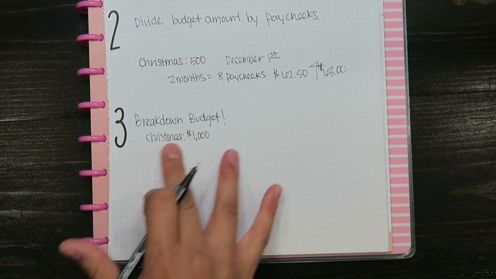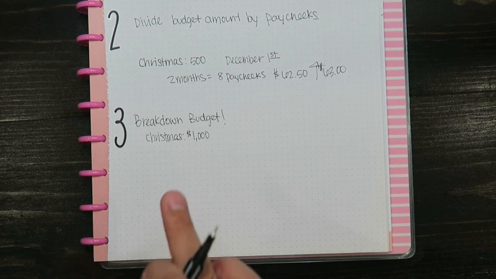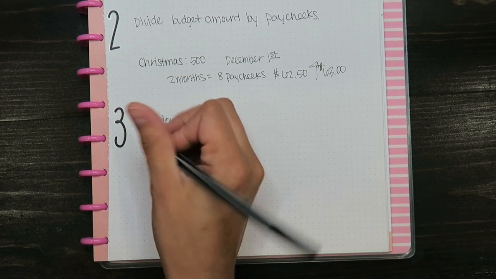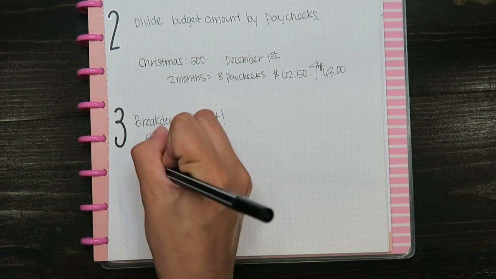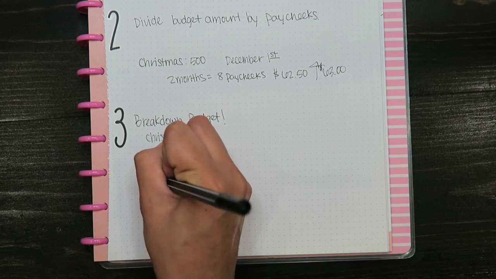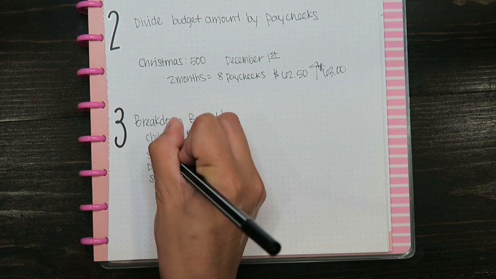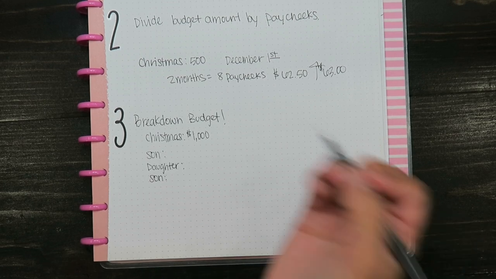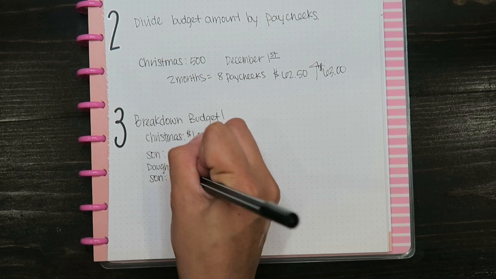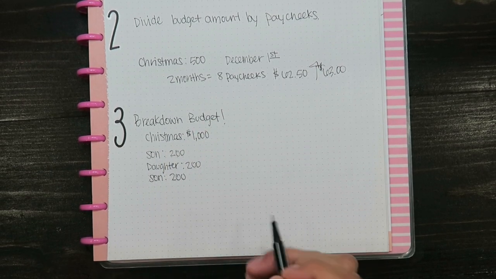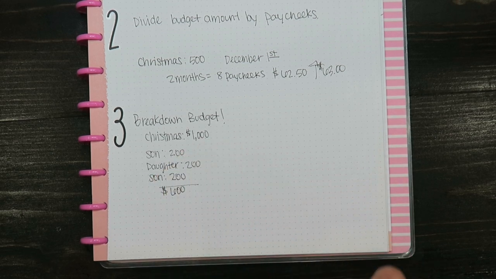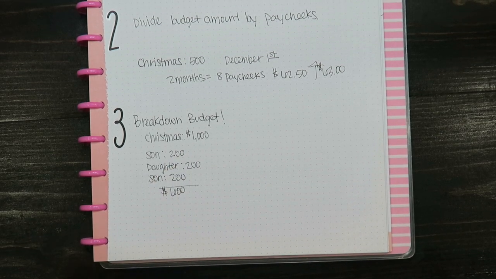So what I'm going to do is I'm going to break down that $1,000 and put it in subcategories that I will need. So for example, I have my son, my daughter, and my younger son. To me, these are important. So let's just say that I'm going to do $200 each for each kid. So that gives me $600 just for my kids. So that leaves me with $400 left.